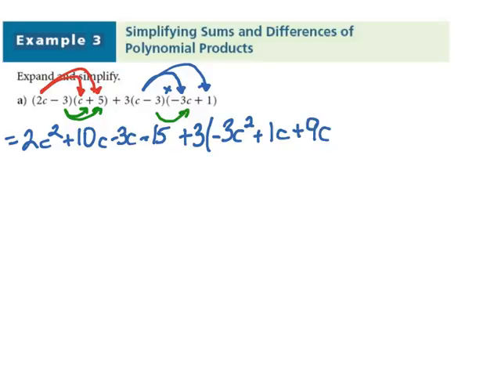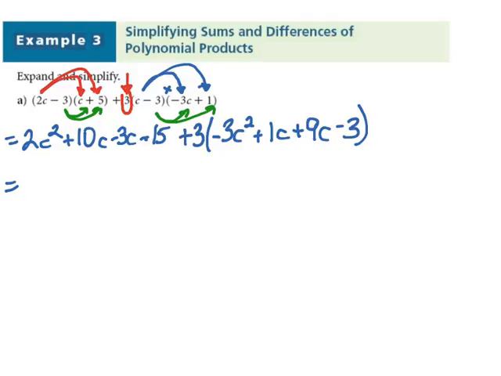And negative 3 by positive 1, which is negative 3. Notice I'm keeping the bracket because of this 3 right here. It's very important that you keep this bracket because that 3 has to multiply with each and everything in the bracket.